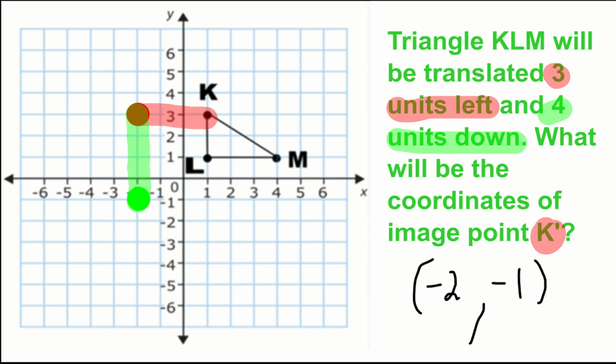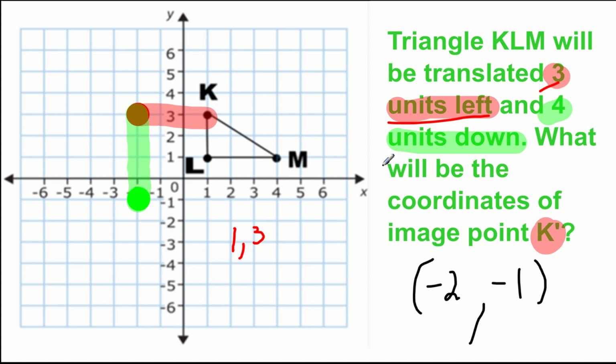Any questions on that? When you have translations, left and right are your X values, up and down are your Y values. Right means you add. Up means you add to Y. Down means you subtract. So if we looked at K to start with, K was at the point 1, 3. 3 units left.